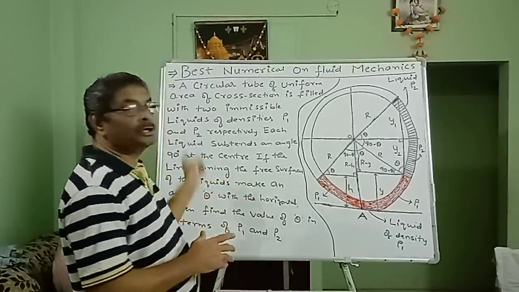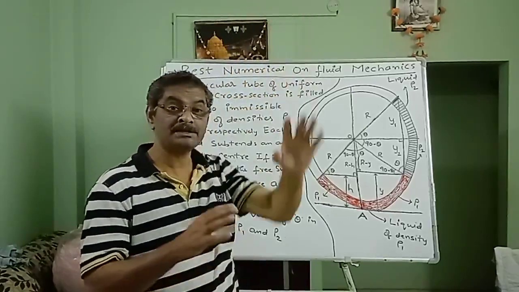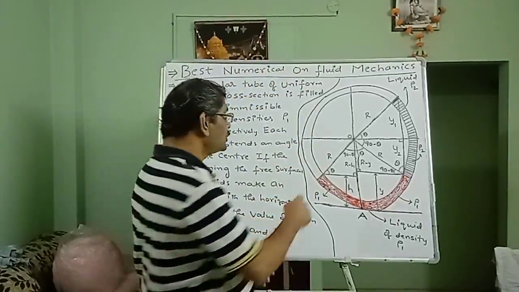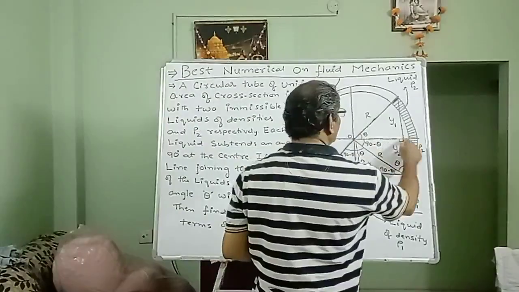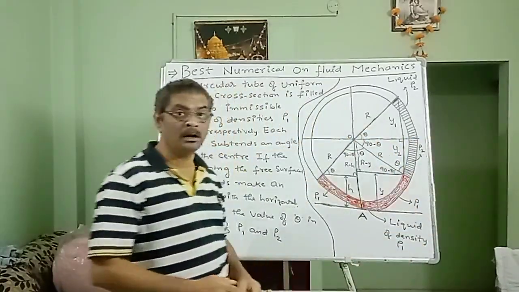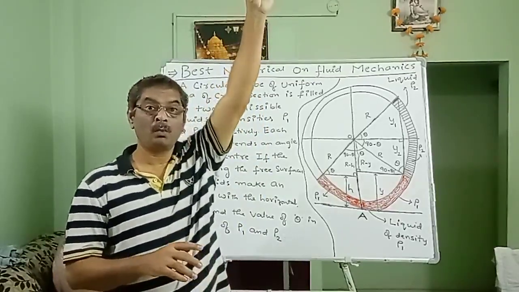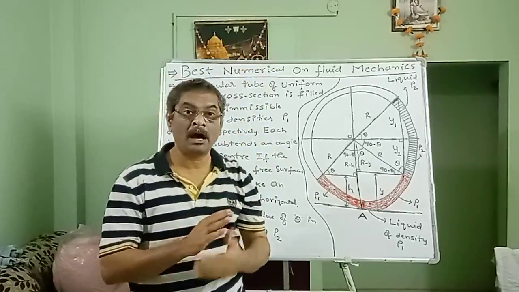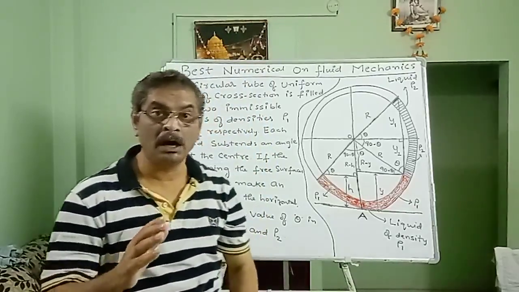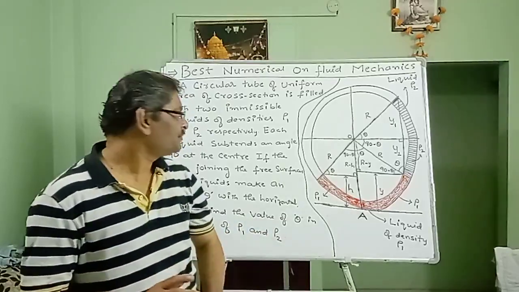If the line joining the free surfaces of the liquids makes an angle theta with the horizontal, then we are supposed to find the value of theta in terms of ρ1 and ρ2.